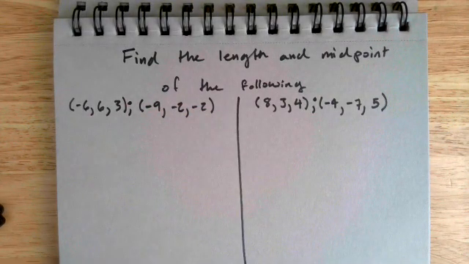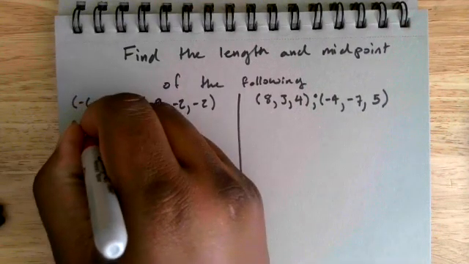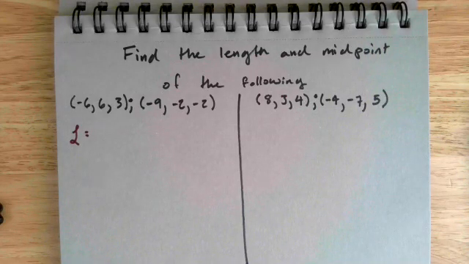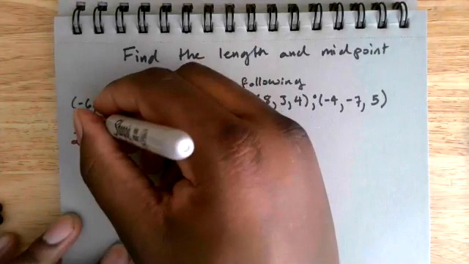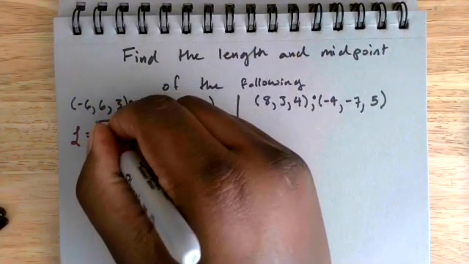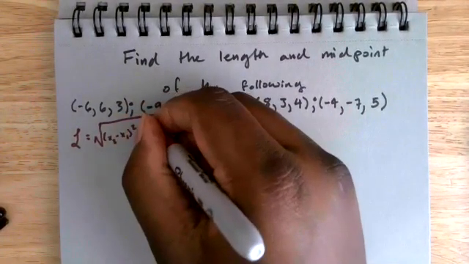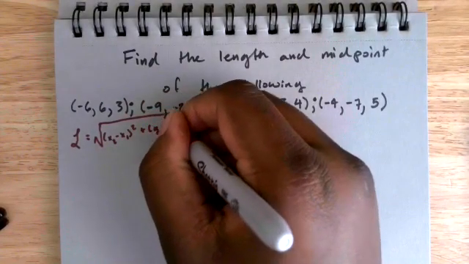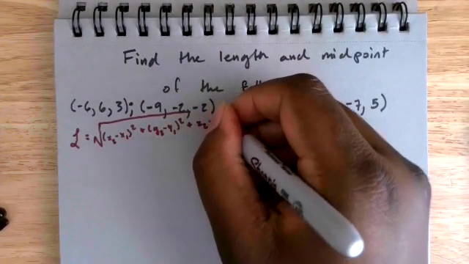All right, so the first thing we're going to do, so we're to do length, right? We're going to use the distance formula, which is the square root of x2 minus x1 squared plus y2 minus y1 squared plus z2 minus z1 squared.